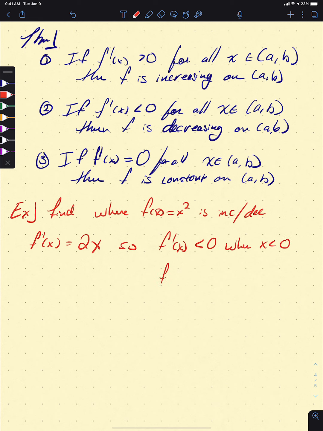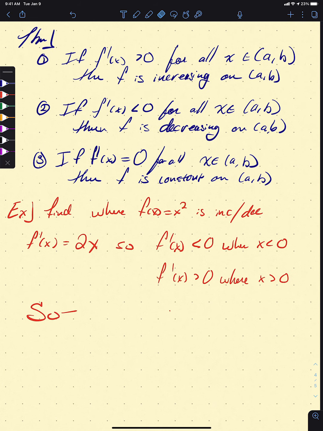When x is less than 0, f prime of x is greater than 0, where x is greater than 0, right? So that means f is decreasing. F is decreasing on what interval? Well, f is decreasing when f prime of x is less than 0, which is when x is less than 0.